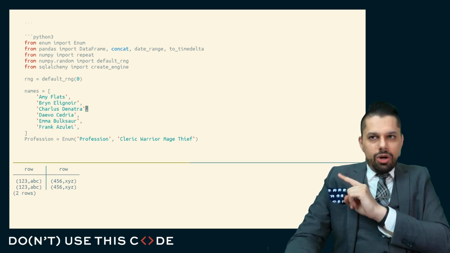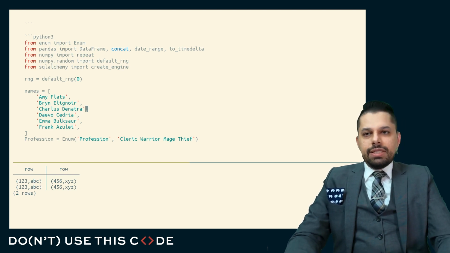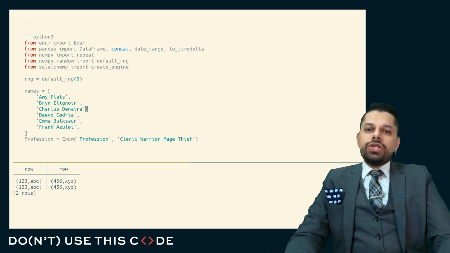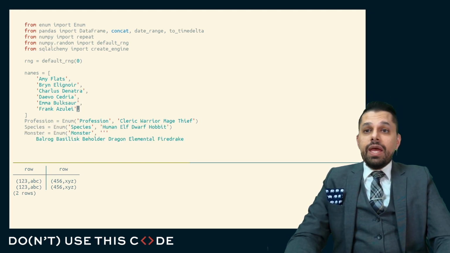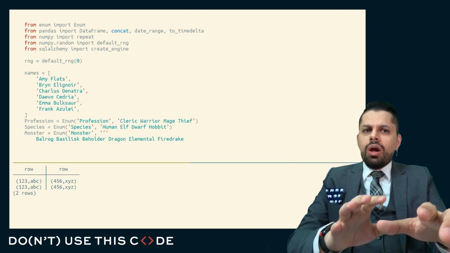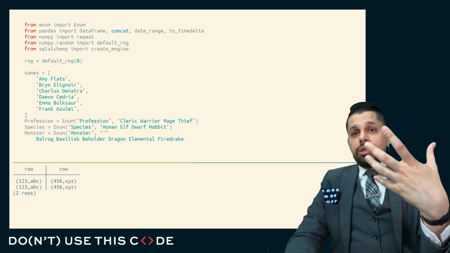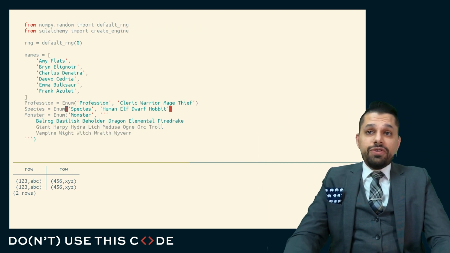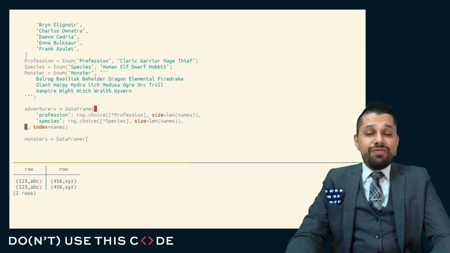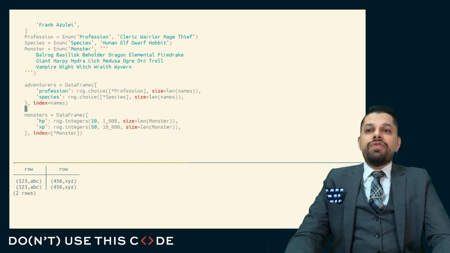Here, I have a little bit of code that's going to generate some data that will give us a sense for what we can do with some SQL queries and some advanced select statements. And so I have some game data. I'm playing a game like NetHack or Moria or Rogue, and I have a bunch of players who are different professions and who are different species and some monsters that they fight and they defeat when they're going through the depths of the dungeon.